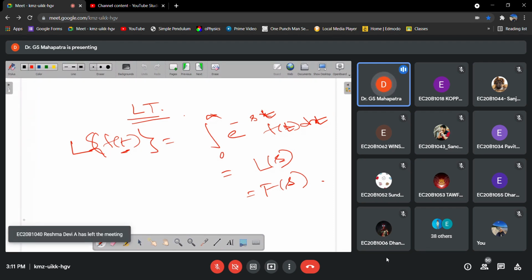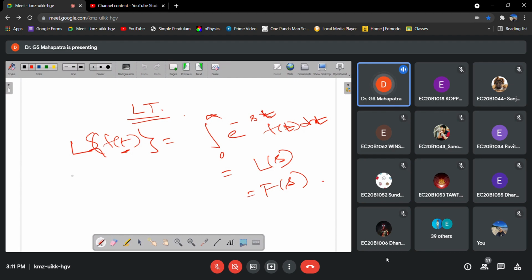Since the integration range is 0 to infinity, what type of integration is this one? It is a definite integration, of course. When the limit is infinity, it is called improper integration.